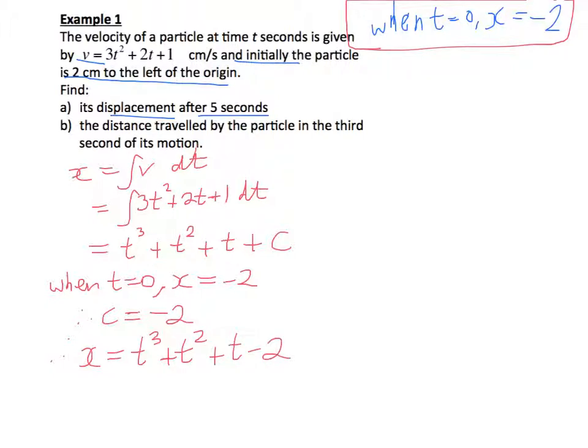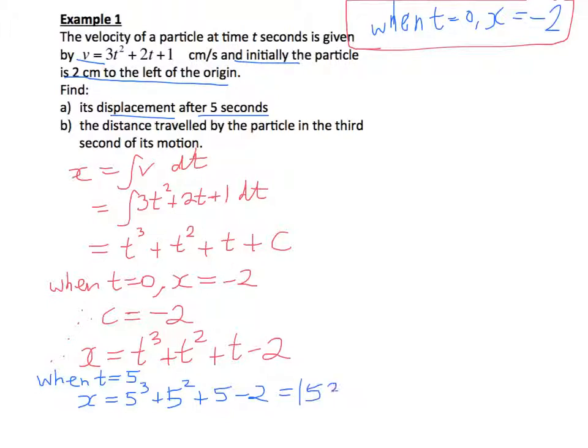And to answer the question, find its displacement after 5 seconds means we need to substitute in t equals 5 to find the displacement when t equals 5. So that's going to be 5 cubed, 125, plus 5 squared, which is 25, plus another 5, minus 2, and what do we get? 153.